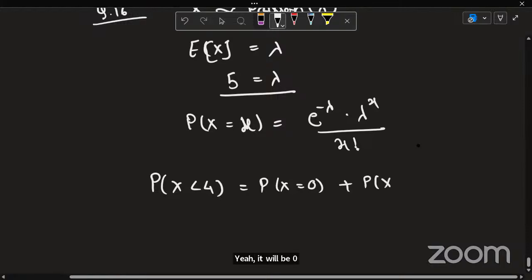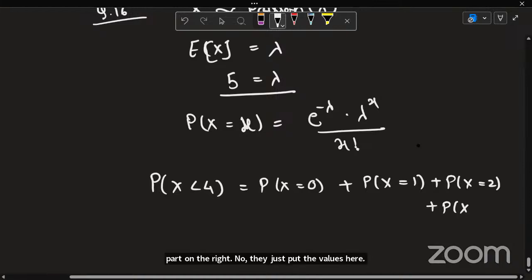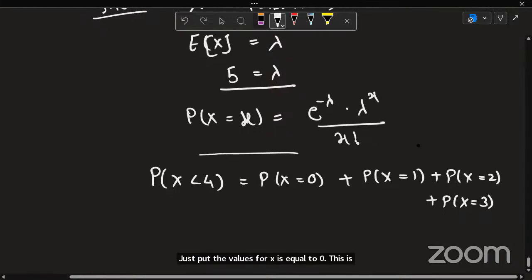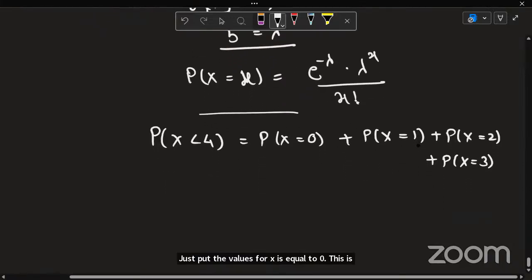After that, it's the calculation part only, right? Now just put the values here and calculate the sum. That's it. Just put the values for x equal to 0. This is the formula. So what is lambda? They have given the hint that the value of lambda is 5.